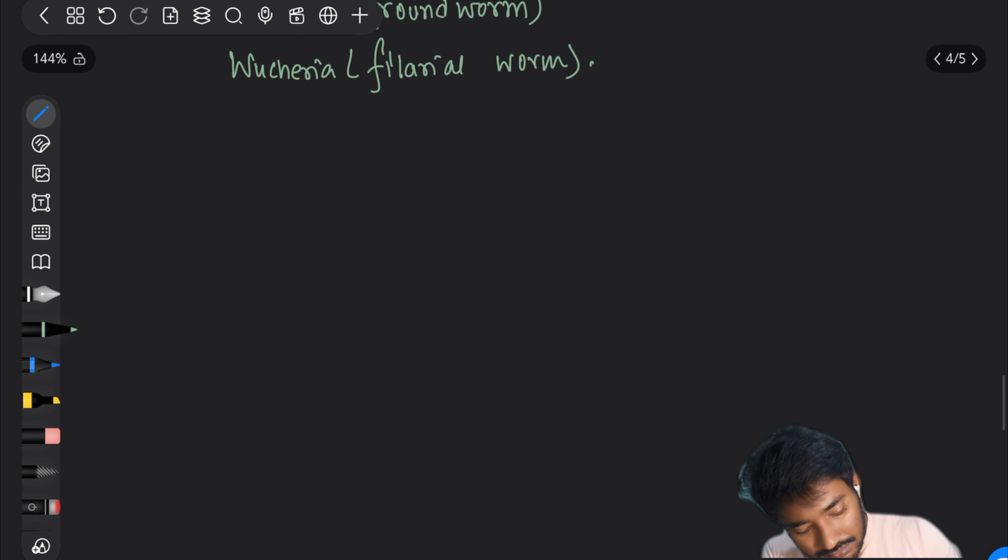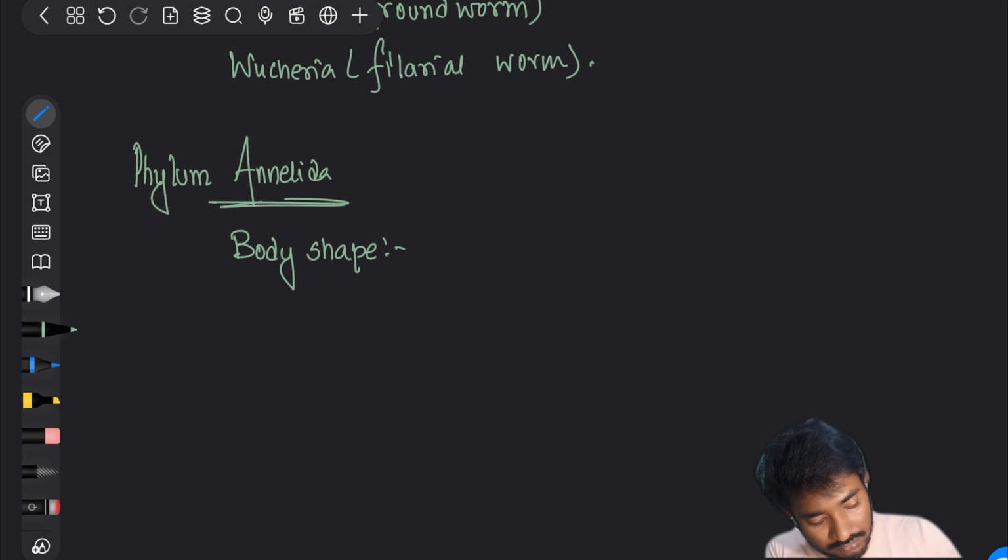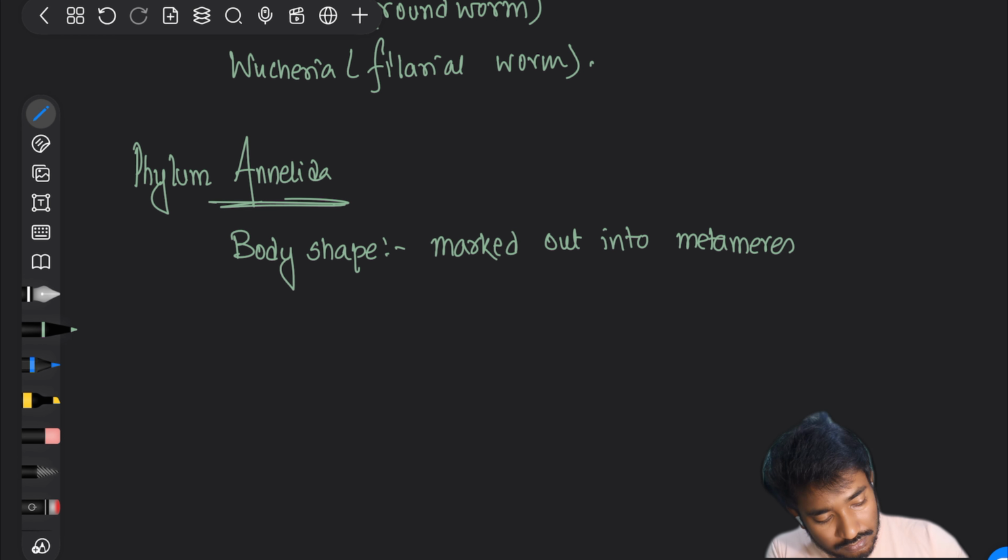Phylum Annelida. Its body is marked out into metameres, segments.